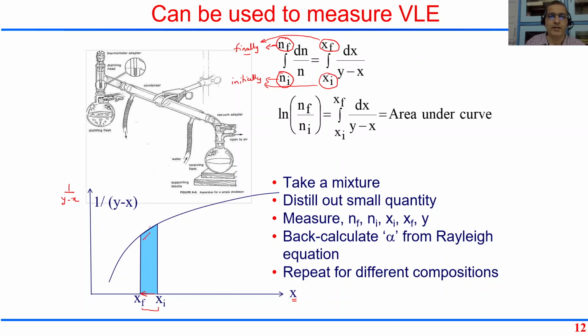So if we find the area under this curve, this area under the curve would be this integral of dn by n, which I can now say ln Nf by Ni would be the integral from xi to xf of dx over y minus x. So this is now our integral form of Rayleigh's equation, if you like, right?